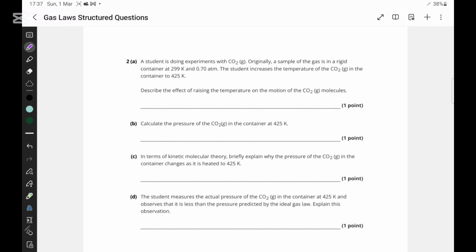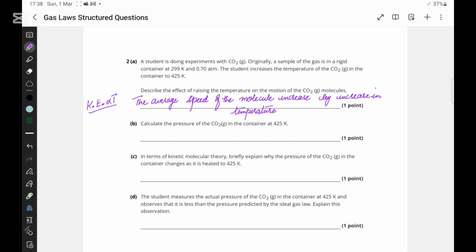The average speed of the molecules increases with an increase in temperature, because kinetic energy is directly proportional to temperature.